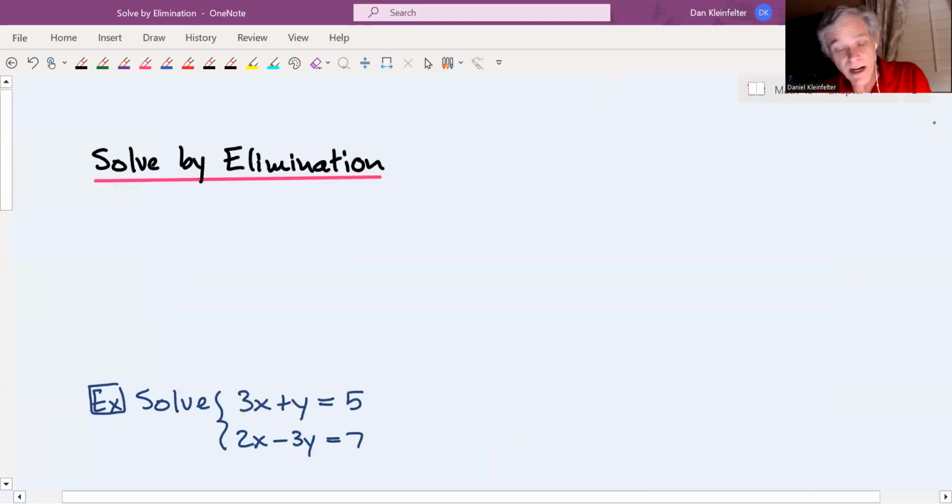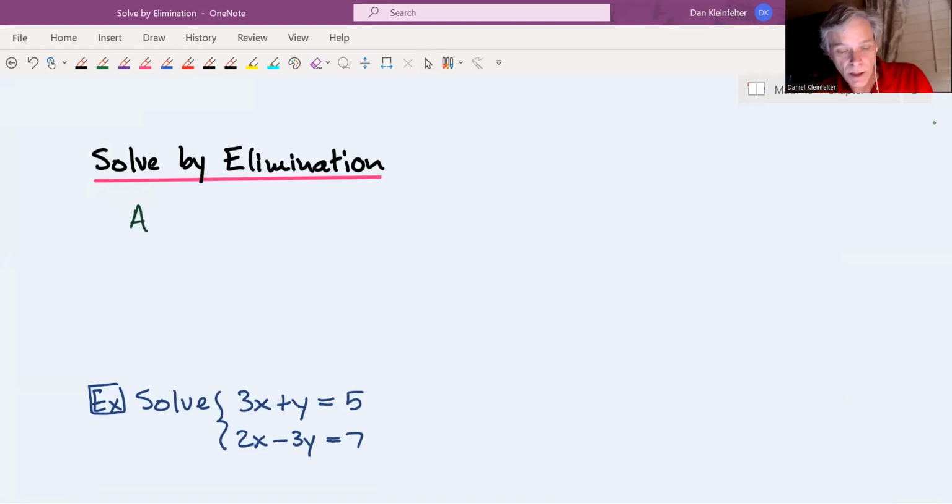So first of all, the basis for how elimination works, and then we'll see some examples. So let's say that you have a system of equations where the overall structure is A equals B and C equals D. So first of all, if you have two things that are equal to each other, one of the things that we know is we can add the same amount to both sides.